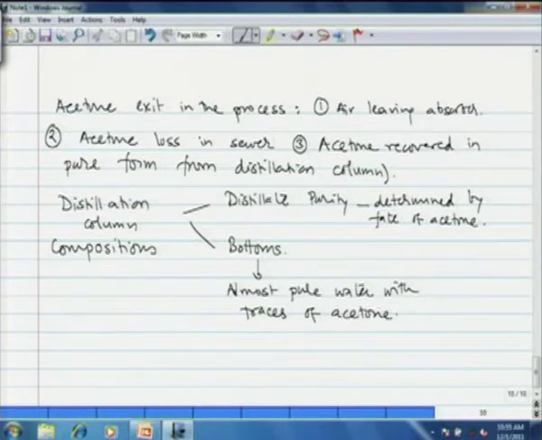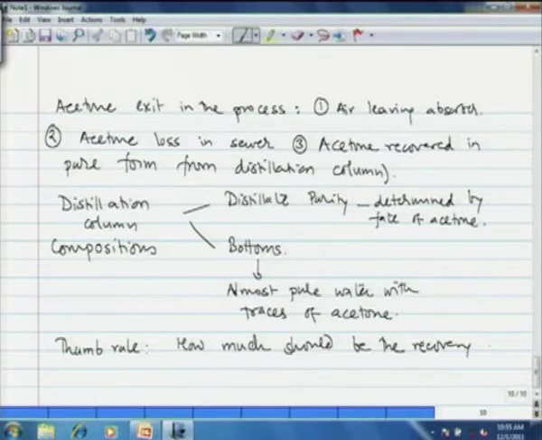Now, to decide the mass balance, we have to start with some thumb rule. Like the first question, how much should be the recovery of acetone in absorber?